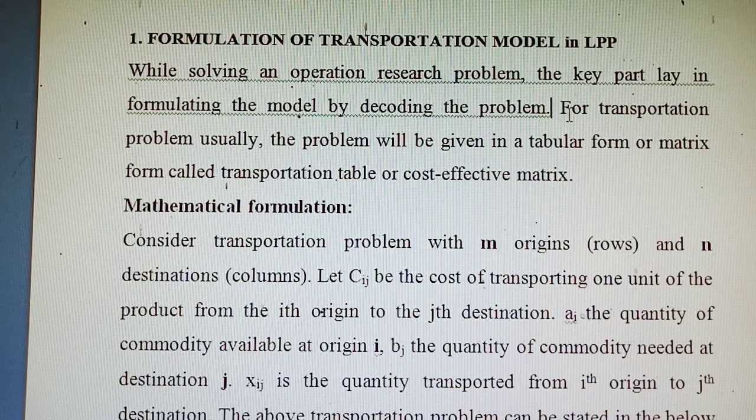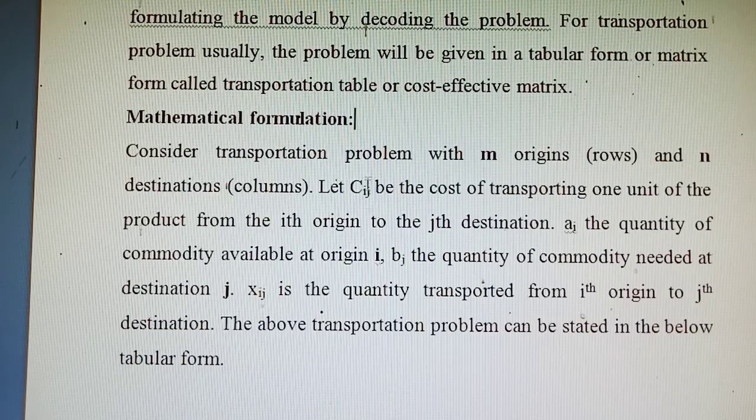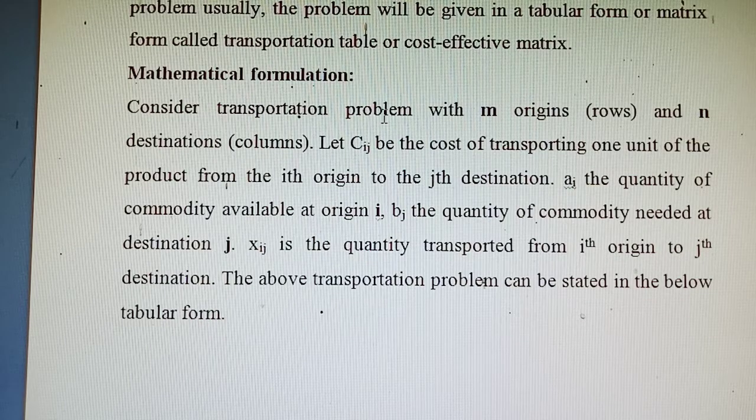For a transportation problem, usually the problem will be given in a tabular form or matrix form called the transportation table or cost effective matrix. You see how the mathematical formulation of the transportation problem can be made by considering the transportation table or the cost matrix.